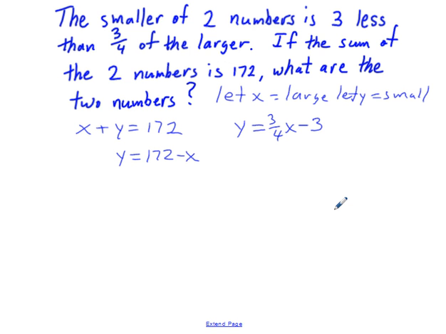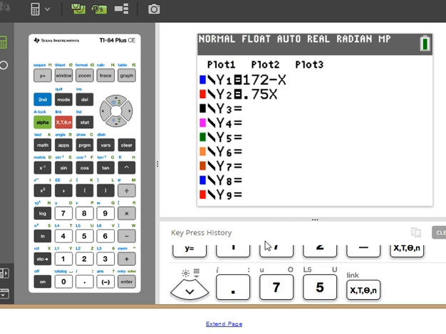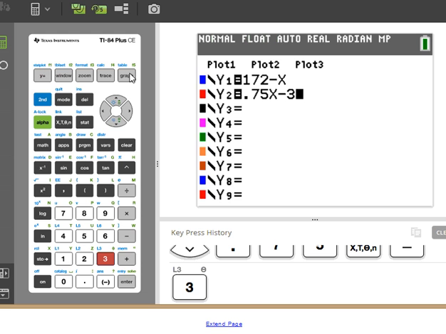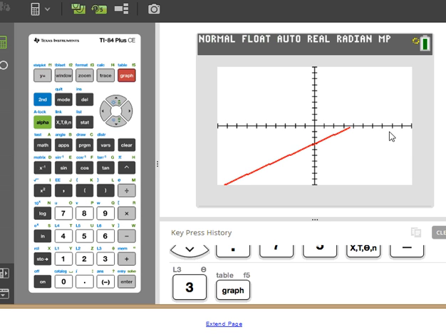Let me just be sure. Yeah, minus 3, and then we can graph this. I don't see but one line, and that's going to be the 3/4 x minus 3.